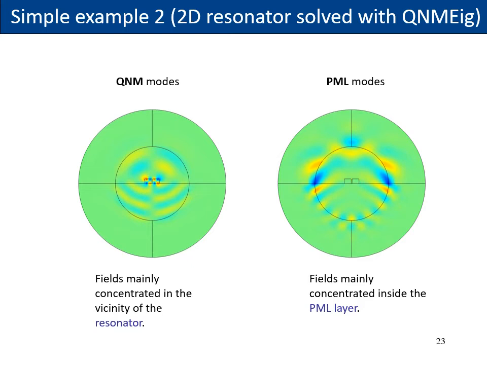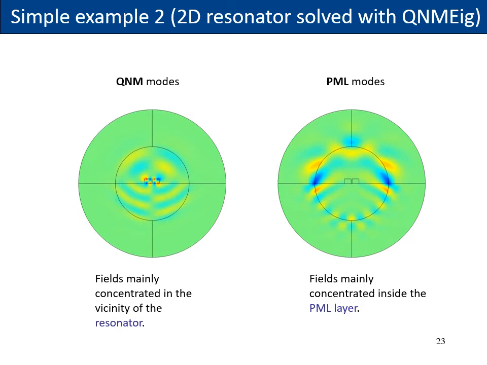And the eigenfrequencies and field distributions of these modes are in general not influenced by the parameters of your perfectly matched layer. For example, when you change the thickness of the perfectly matched layer a little bit, you will find that the field distribution and the eigenfrequency of this mode are unchanged.